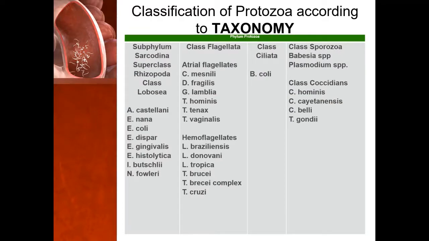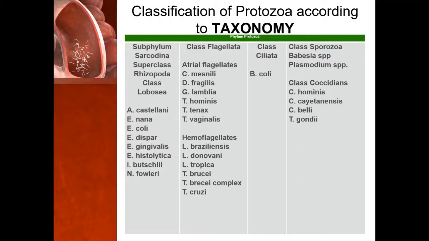Furthermore, other than the locomotory organelle, we can also classify protozoans according to their taxonomy. So once again, we also have four. The first one is the subphylum Sarcodina, superclass Rhizopoda, and class Lobosea.